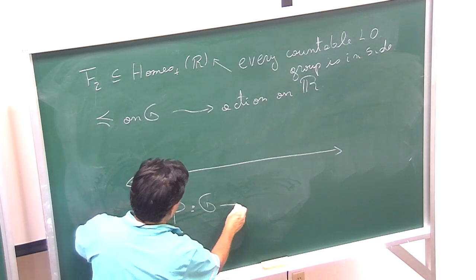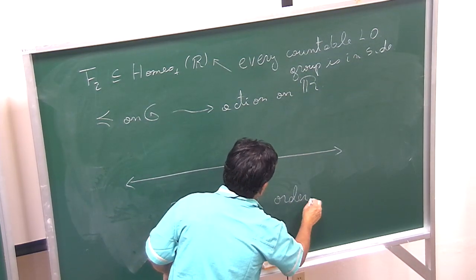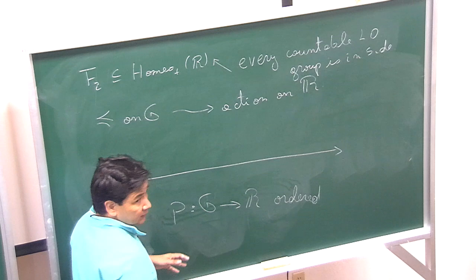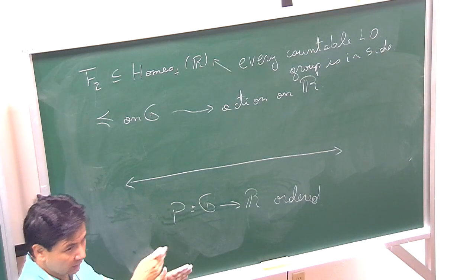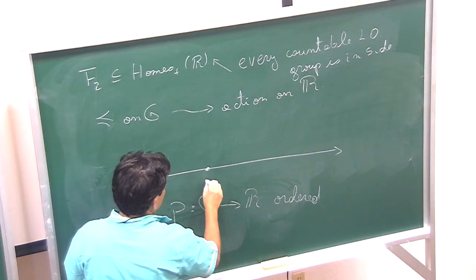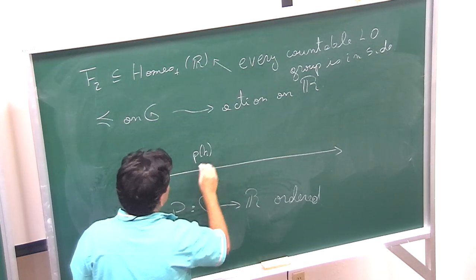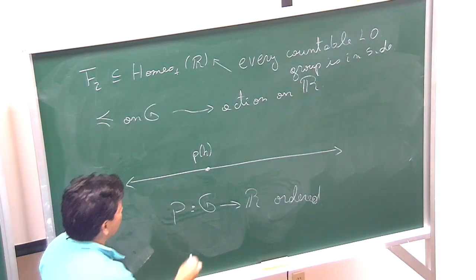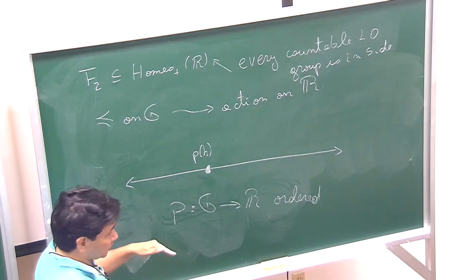So this is from G into R, which is order preserving, with some other properties in order to ensure continuity at the end. There was this issue of taking the middle point whenever you had some intermediate elements and so on. But here you have some element P of h. Well, this map is not surjective.